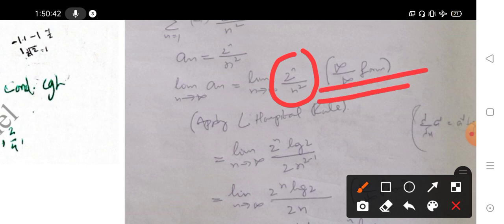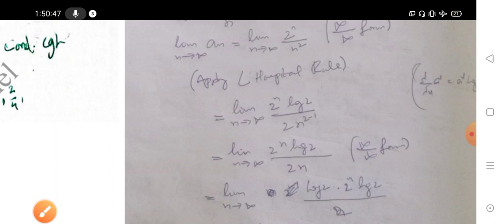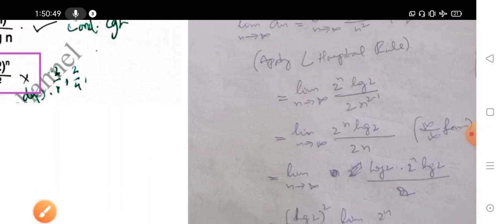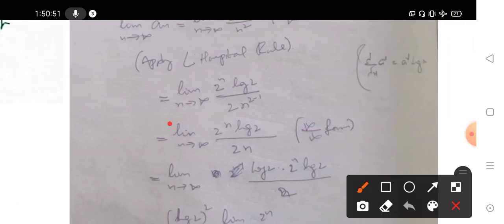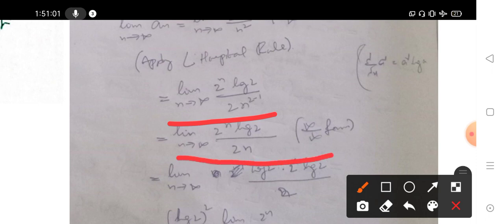This is the infinity by infinity form, so apply L'Hospital rule. The limit n tending to infinity of 2 raised to n log 2 upon 2n, and limit n tending to infinity of 2 raised to n log 2. This is also infinity by infinity form.